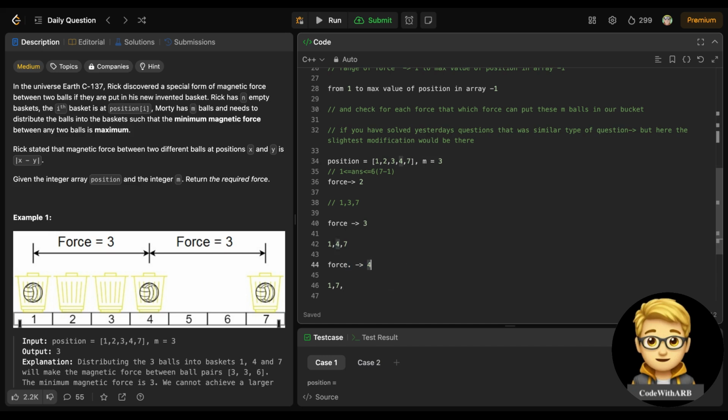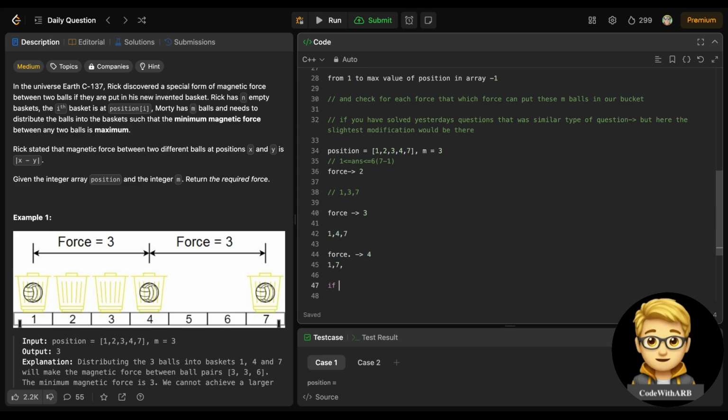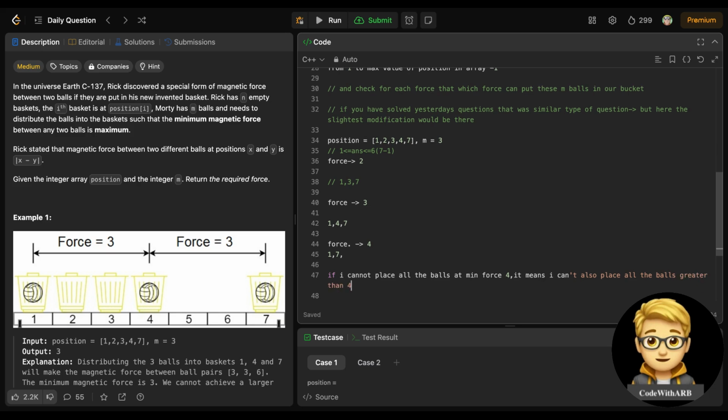I'm assured that if I cannot place all the balls at minimum force 4, I also can't place all the balls at values greater than 4.